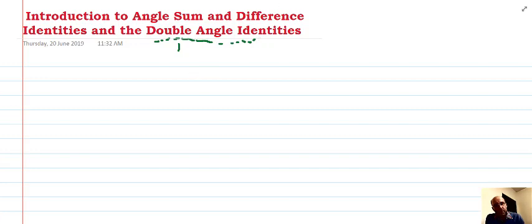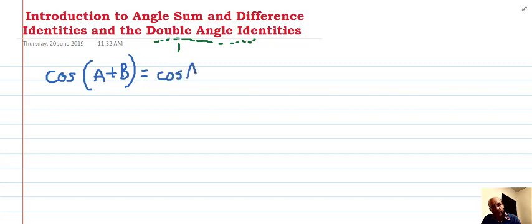So in introduction, it can be shown geometrically that if we have cos of the sum of two angles, which we might call cos of a plus b, we can show this geometrically, which, as I said, is outside the scope of this video, but that would be cos a times cos b minus sine a times sine b.